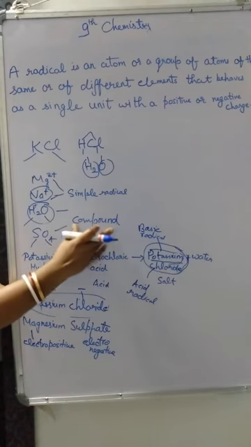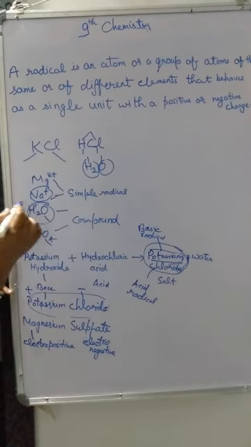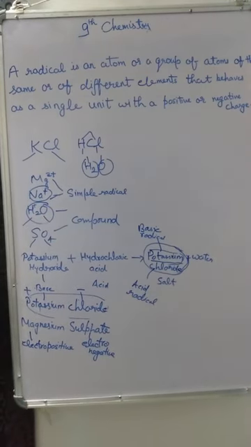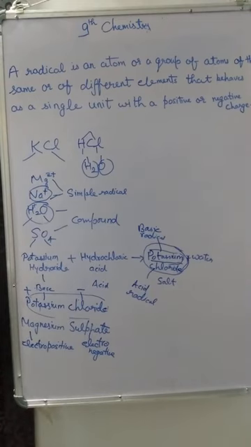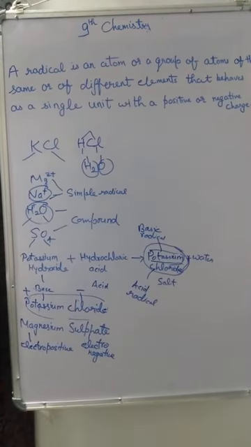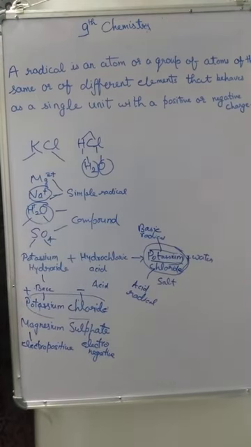A compound radical is made up of two parts, positive and negative. Now if you have the books, you can see in table 1.4 some of the very common electrovalent positive ions or the basic radicals are given, and in table 1.5 some common electrovalent negative ions are also given.